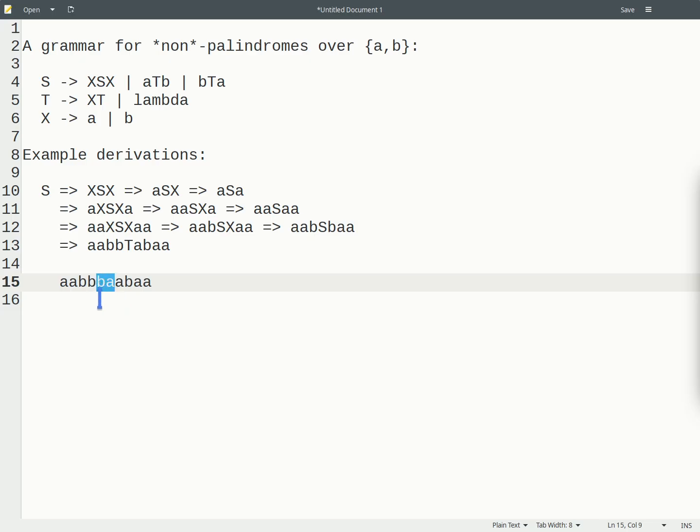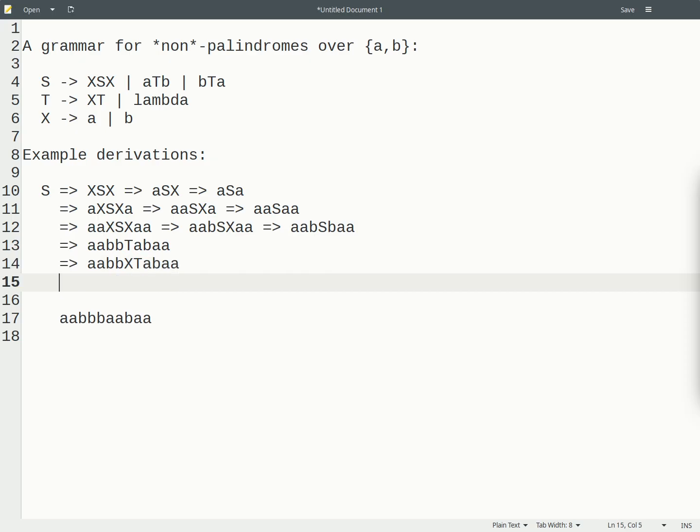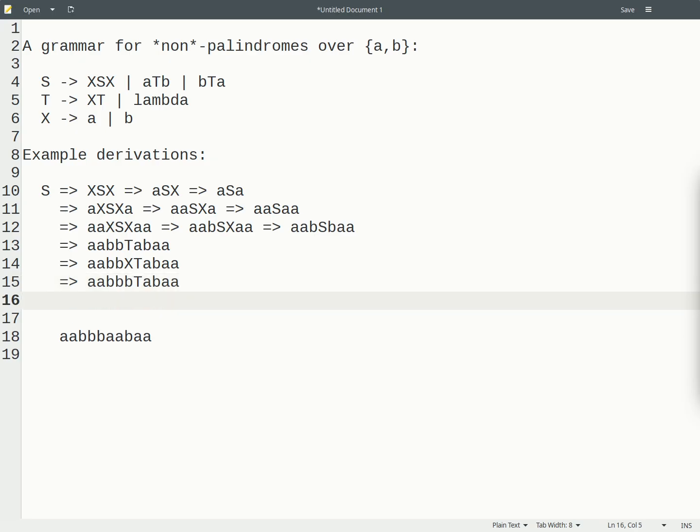What is left to be done is we have to derive this middle part, BA, and from T we can derive an arbitrary middle part. So we can derive A. We want first a B, so we go to XT. We derive the X to a B. And now we want to have an A, so we apply the rule once more.